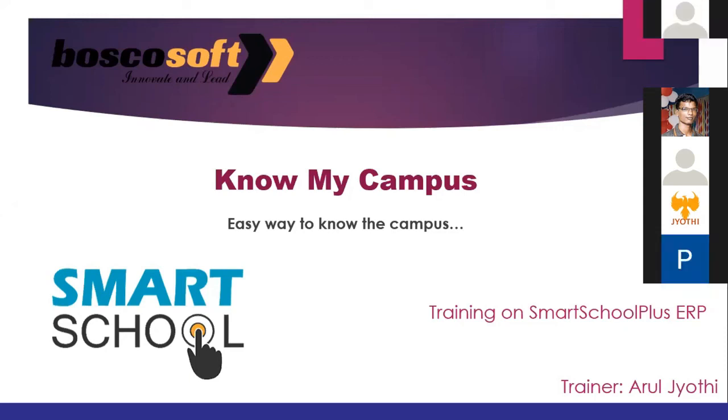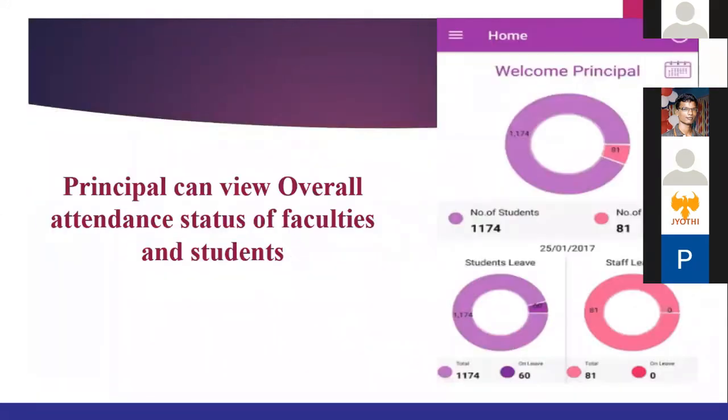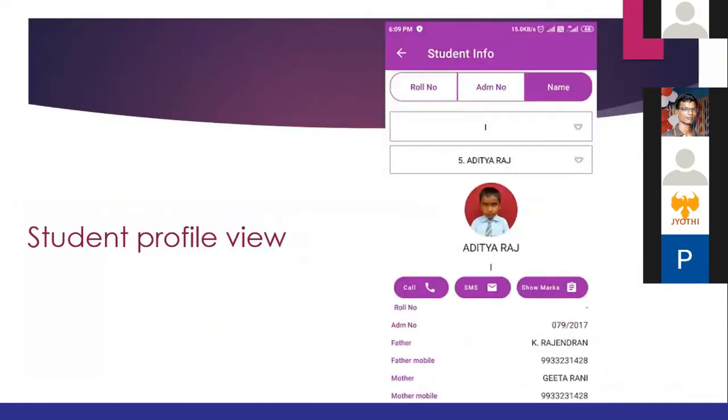Is there a possibility to send a message to selective students in a particular class? Yes, it is there, Father. When we are selecting a particular child profile, down there is an SMS icon. For example, there are 25 students in a class and we want to send a message to 10 students.